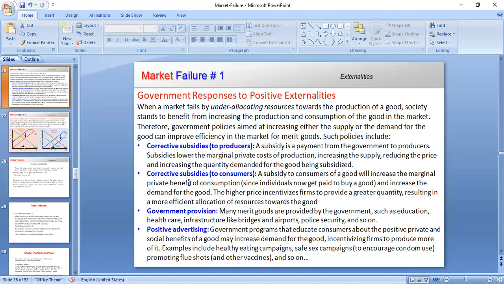Then corrective subsidies to consumers, like how we've seen scholarships for education, right? And then the government provision for positive externality in consumption. Government can provide these services, these goods, right? For example, the government can construct hospitals, yeah? The government can construct schools to subsidize education.